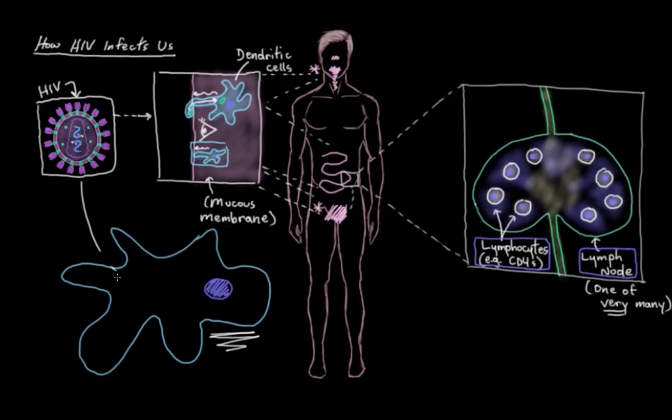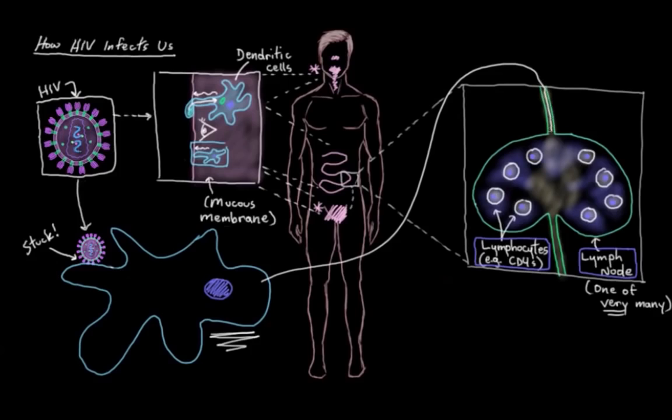One way is by what's called an infectious synapse, where the dendritic cell essentially grabs onto HIV particles using a protein on its plasma membrane, and it carries it, just like this, to the lymph node, and then it hands off the little HIV particle to a T cell to deal with, which usually results in that T cell becoming infected.